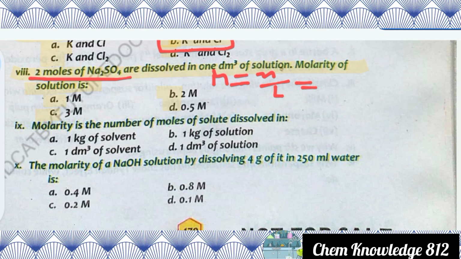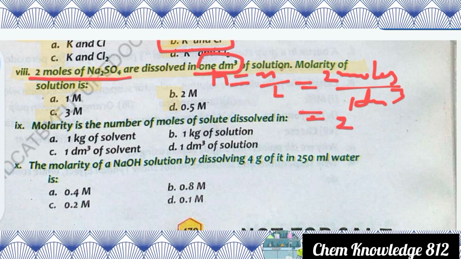So we have 2 moles divided by 1 decimeter cube, which is 1 liter. This equals 2 mole per liter, or 2 molar. So B is the correct answer.